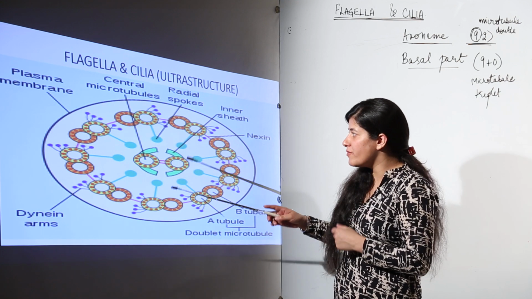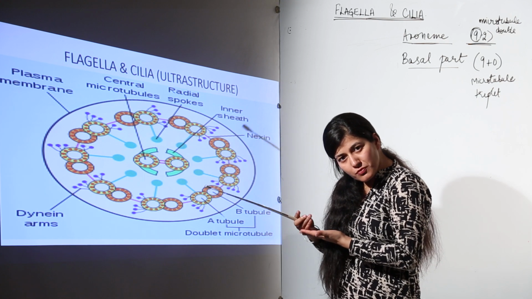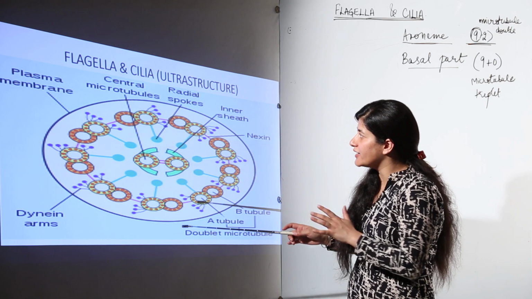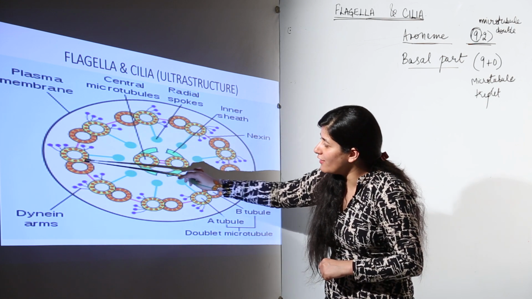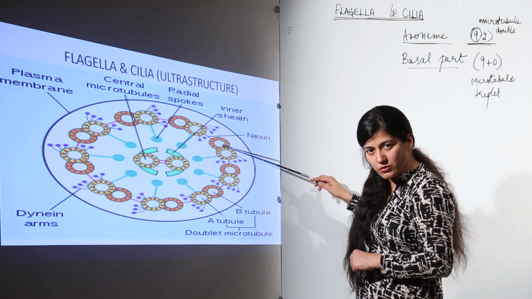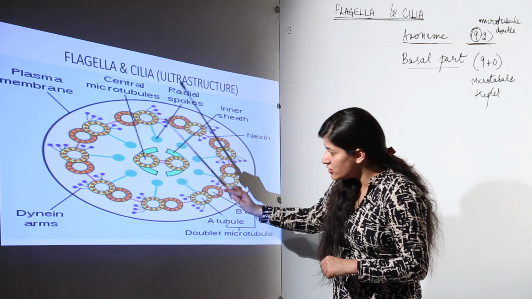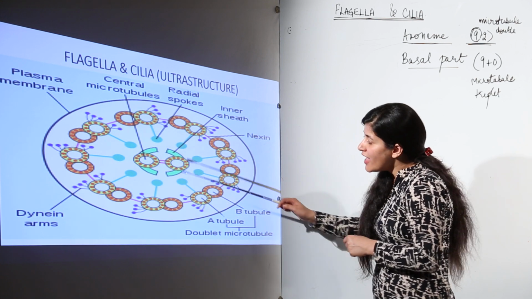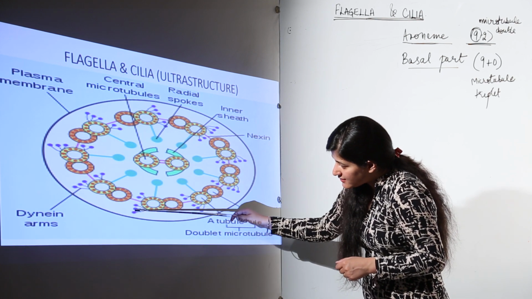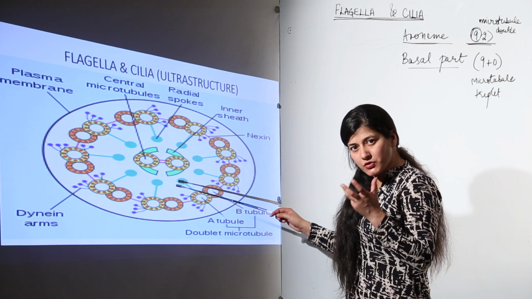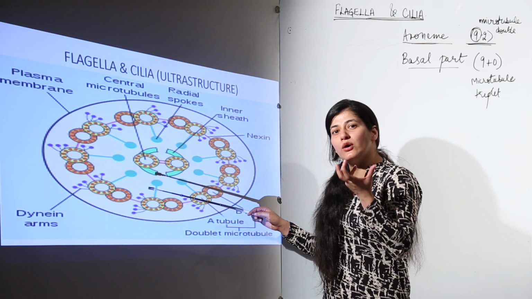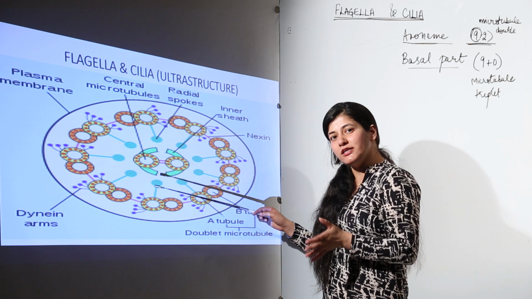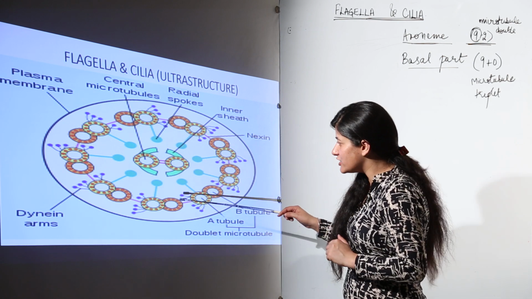With every movement these microtubules are moving. Now we will see how that happens, but for once, you have 9 pairs of microtubules, each with a tubule named A tubule and B tubule. You can remember it that way. From the A tubule extend the dynein arms. Dynein is a protein which is responsible for bringing about the movement which ultimately leads to cell movement by the agency of flagellum and cilia.